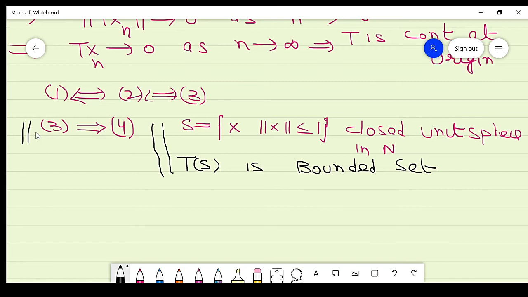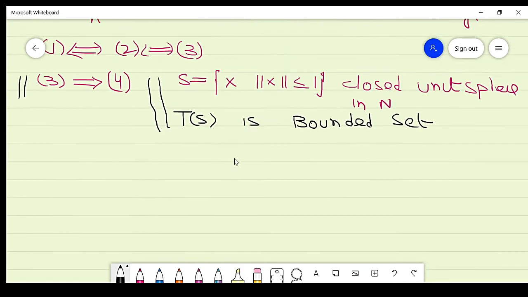The third part is that T is a bounded operator, and the purpose is to prove the fourth part. Now, the given is the third part, T is bounded.